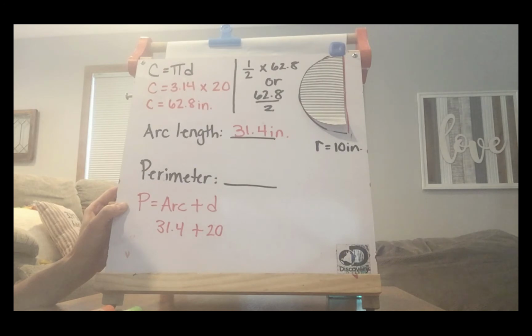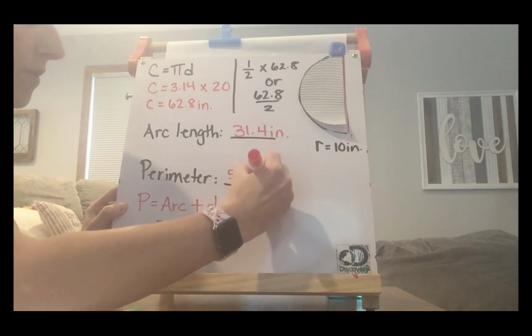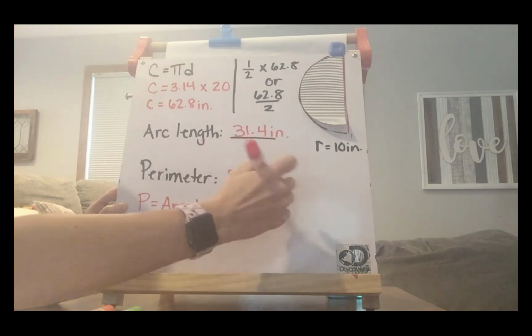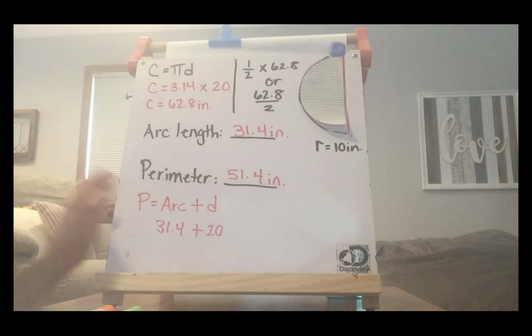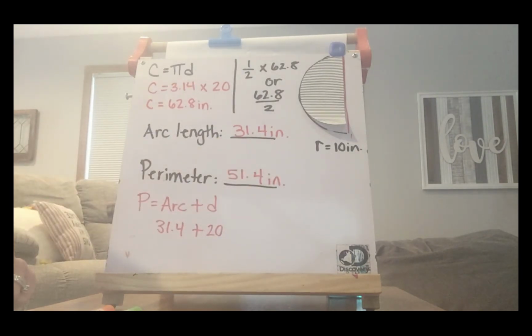What do you get when you take 31 and 4/10 plus 20? 51.4 inches. We want to make sure that we bring in the appropriate label. This is a length measurement, so there's no exponents that are part of my units. We just found an arc length and a perimeter for a sector of a circle. Let's go to the next example.